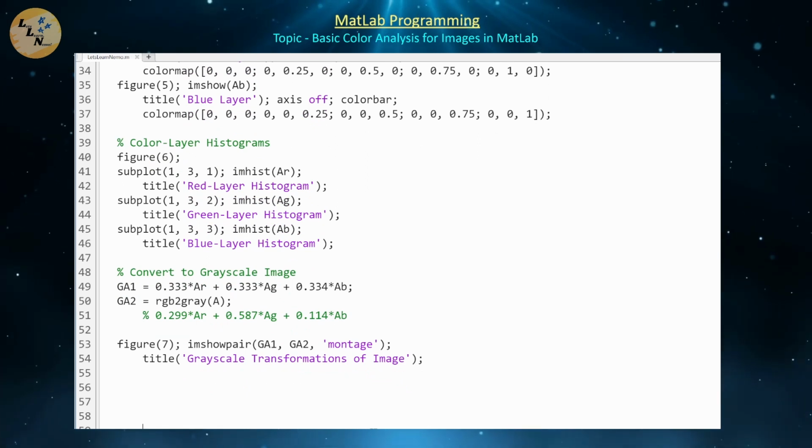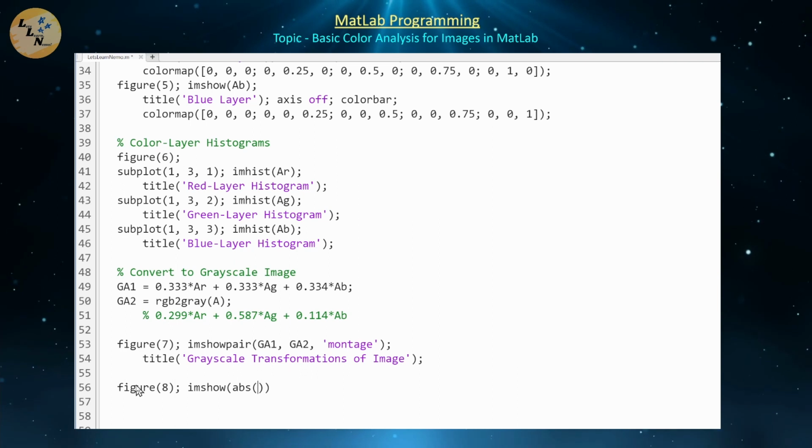Right? And the next thing I want to look at is, is there really a significant difference between them? So the next thing I want to do is look at the difference between those matrices. Because they're m by n matrices, I should be able to just subtract them quite easily. So I'm going to mShow the absolute difference between them, so GA1 minus GA2 of that.